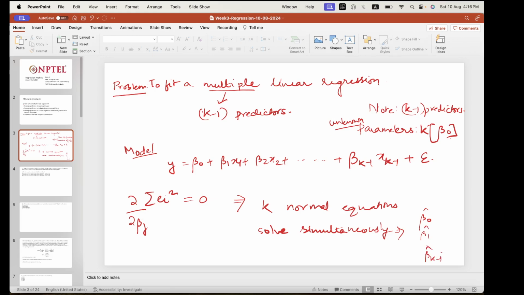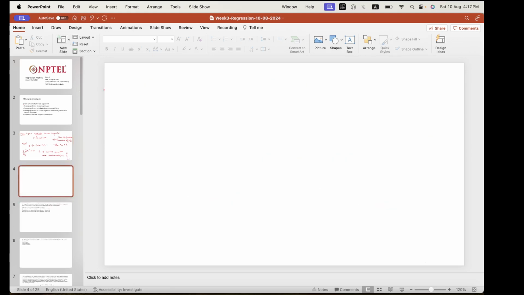Okay, the procedure remains exactly the same, but in order to facilitate this, we have introduced the matrix format.